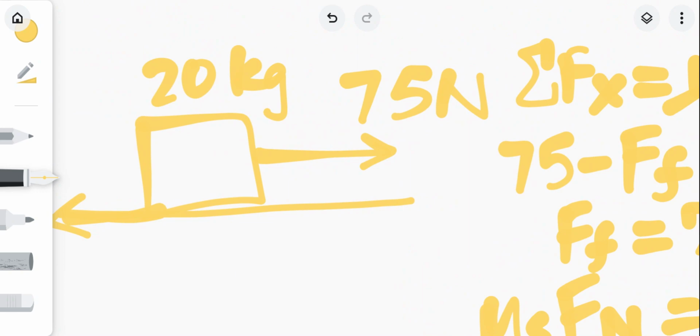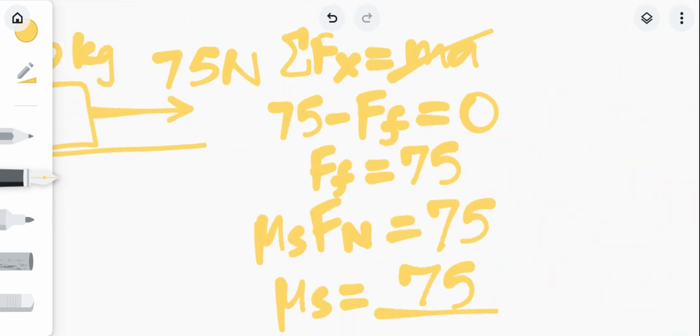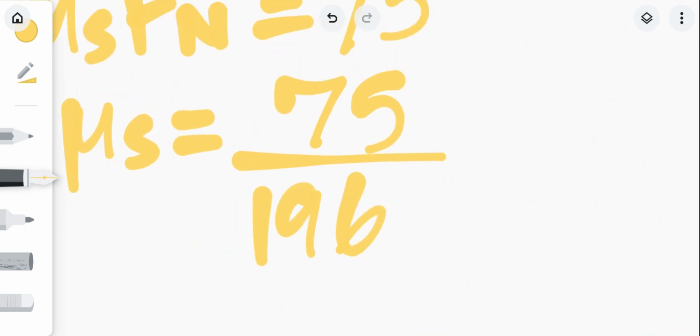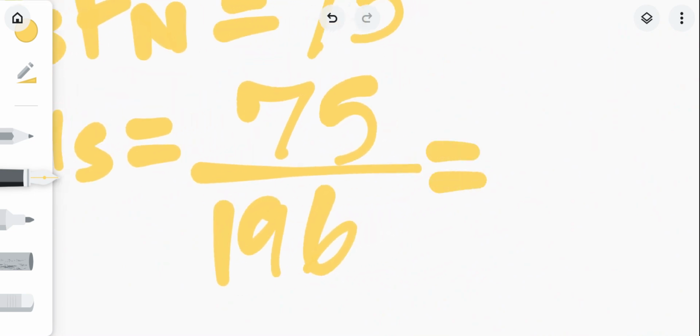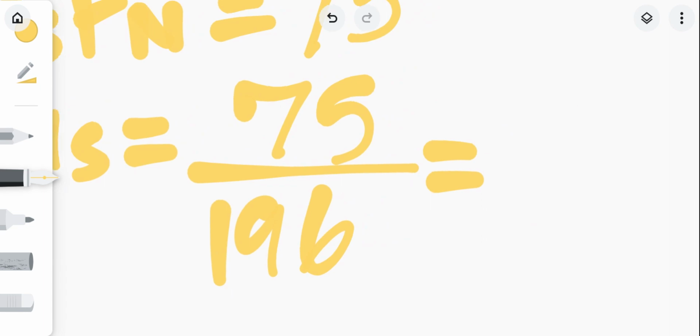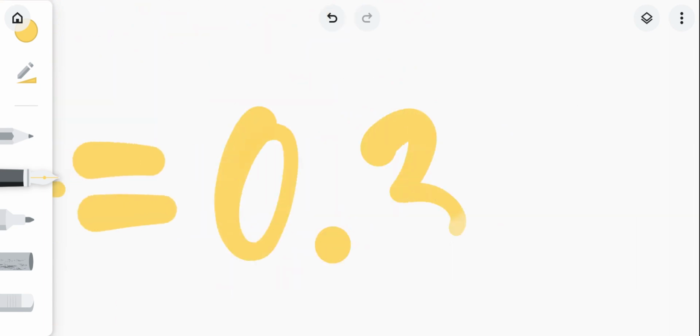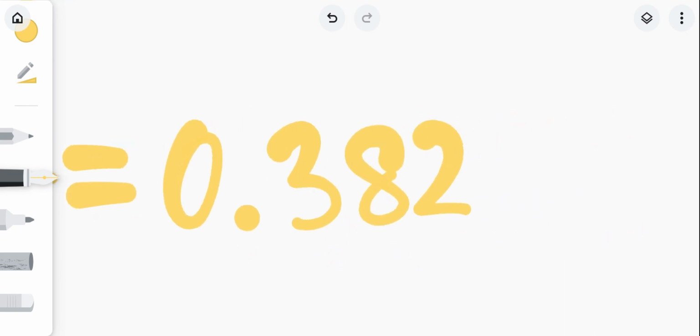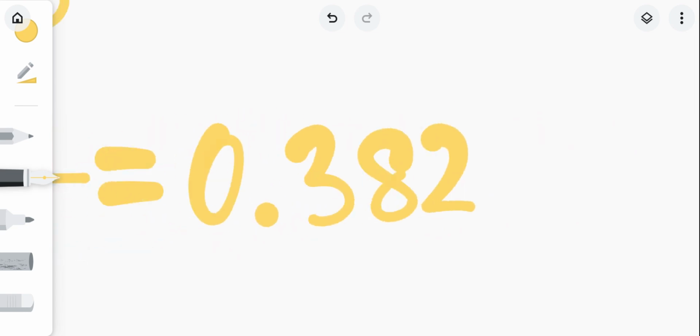And the weight of this is going to be 20 times 9.8, 196, and 75 divided by 196 is 0.382. And this has no units.